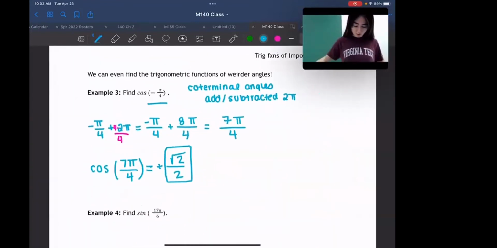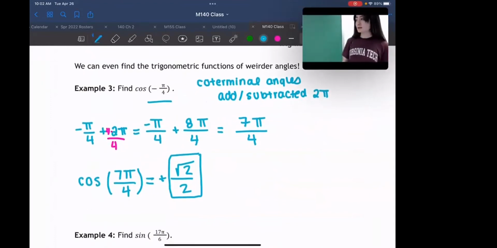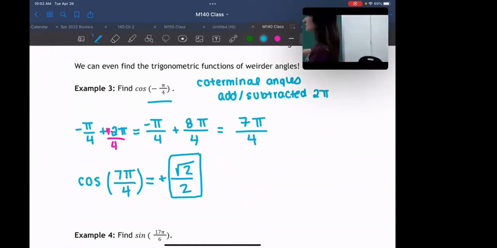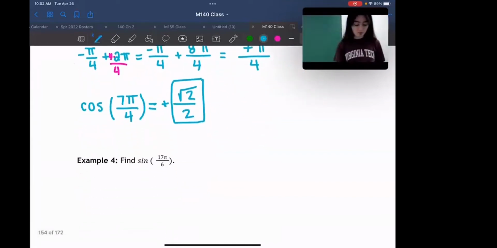Where we left off was finding them for angles that might not be on the unit circle. We even found the cosine of negative pi over 4, so we can find them for negative angles as well as regular angles. I'm going to go over one more example.